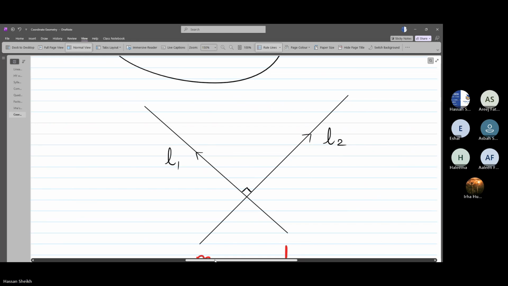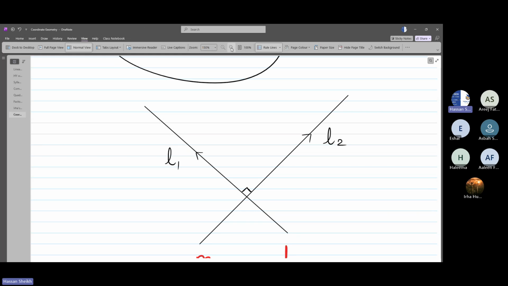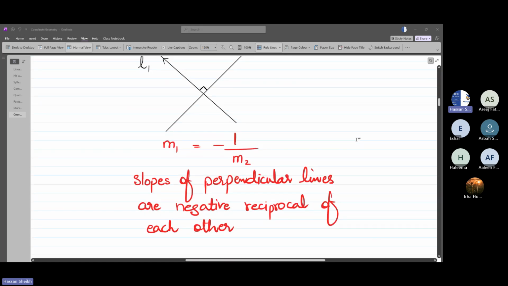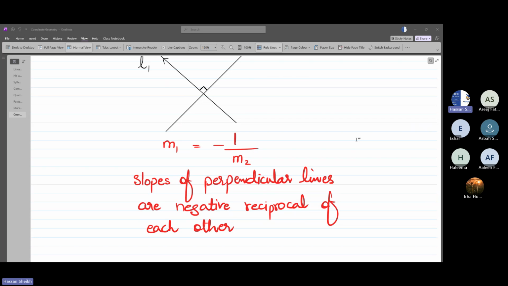Yes. Exactly. Always remember, students, that if the two lines are perpendicular to each other, which means they are at 90 degrees, then their slopes are negative reciprocal of each other. For example, over here we have L1 perpendicular to L2.